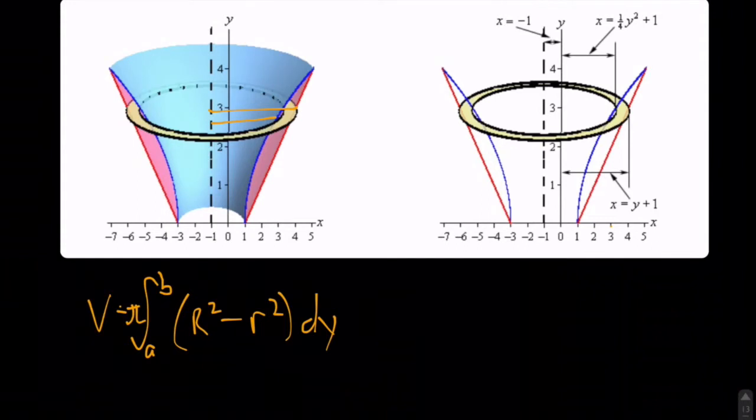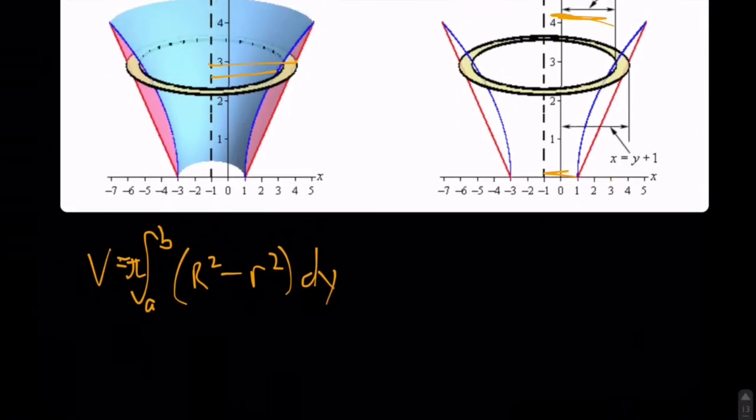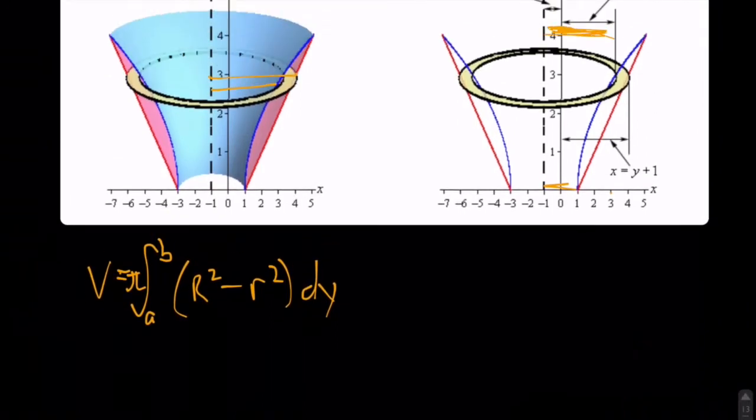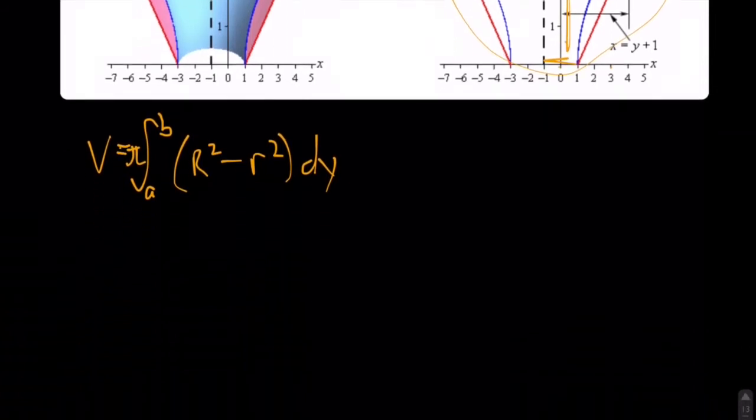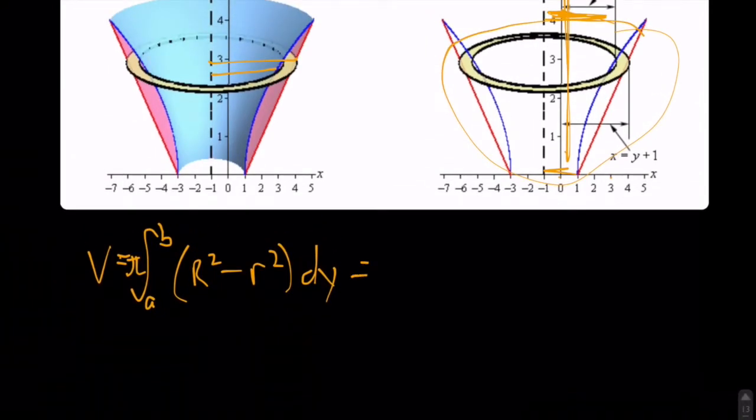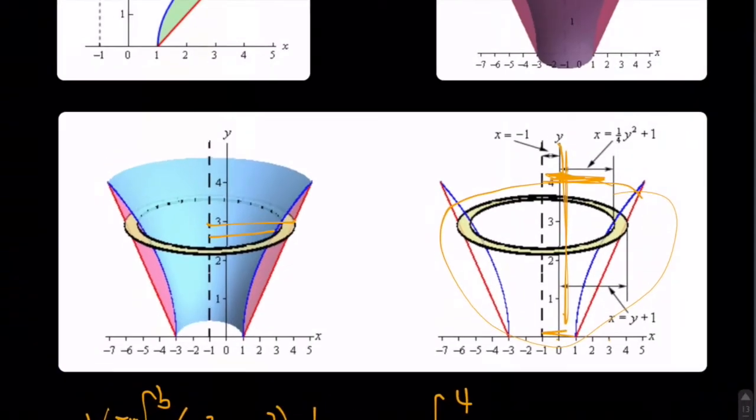So we know that our a and b values are 0 and 4 respectively, because on the y-axis, this figure takes up the space from 0 to 4. So we know that this would equal pi times the integral of 0 to 4. But we still need to find what the big radius and the little radius are.